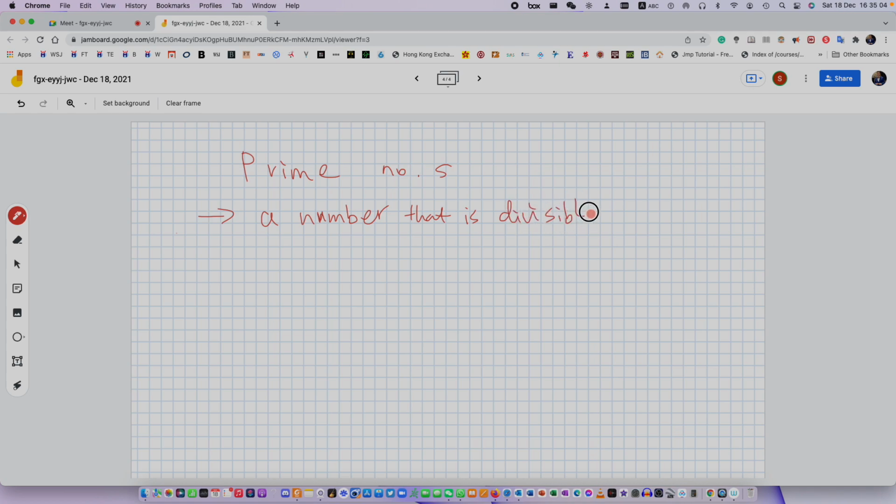You miss out one word. One and itself. Yeah, one and itself. Okay. And by the way, there are two factors. So very quickly, can you list down all the factors for it?